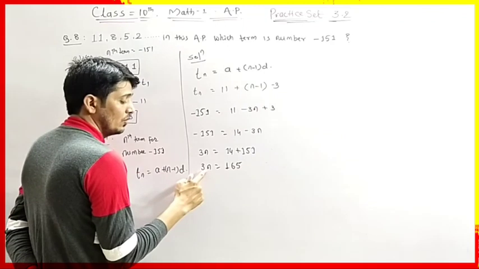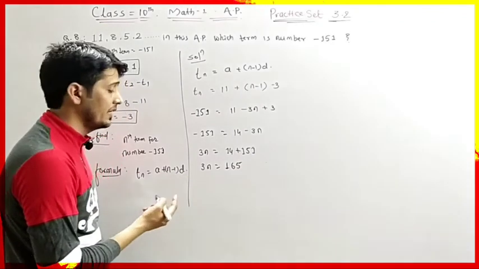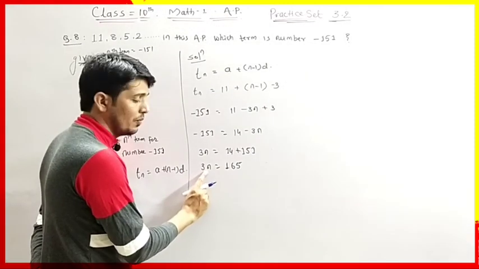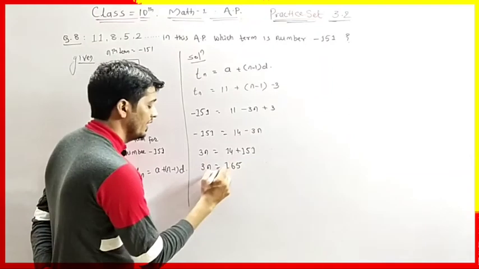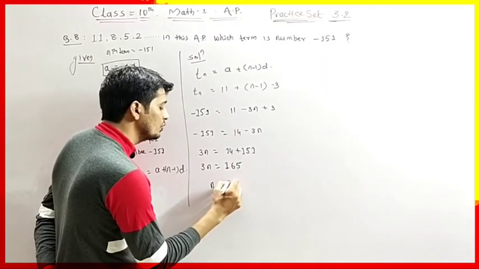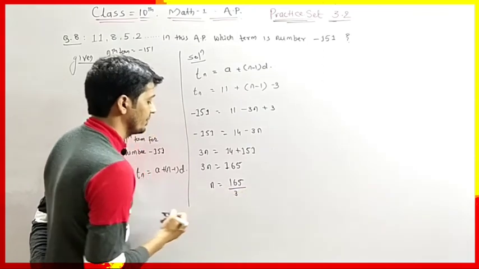So we have to calculate n. In order to calculate n, we transfer this 3 to the other side, and since it is in multiplication form, it will go in division form. So n equals 165 divided by 3.